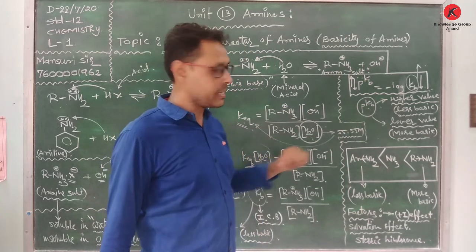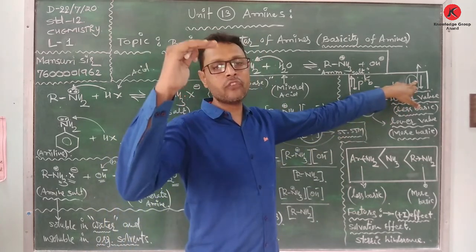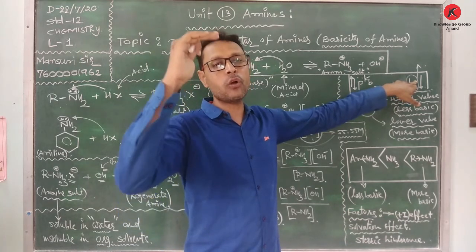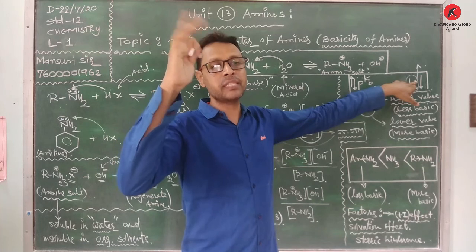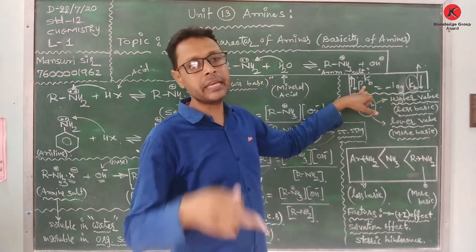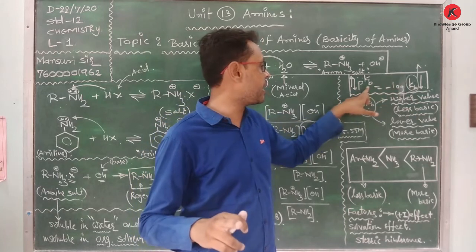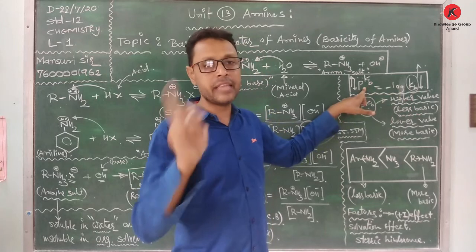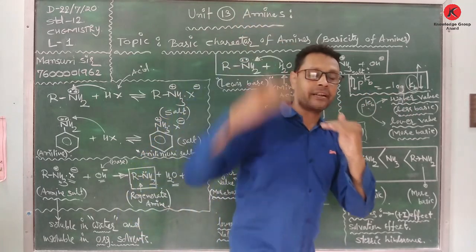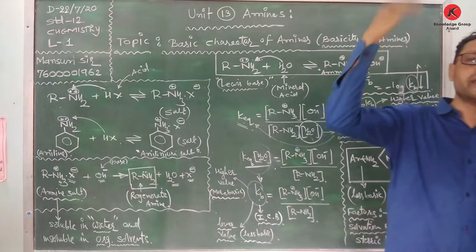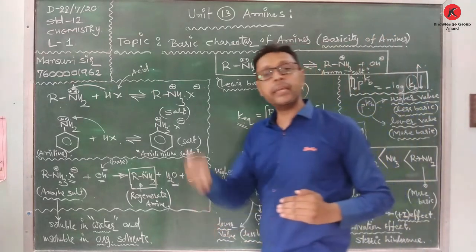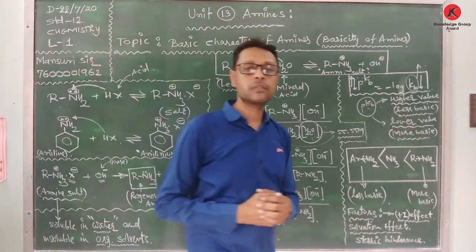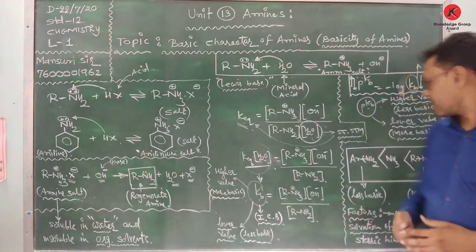Now, you know very well that a higher value of Kb expresses more basicity and a lower value of Kb expresses less basicity, but due to the inverse relation of Kb and pKb, if the pKb value is higher, then the substance will be less basic, and if the pKb value is lower, then the substance is more basic.